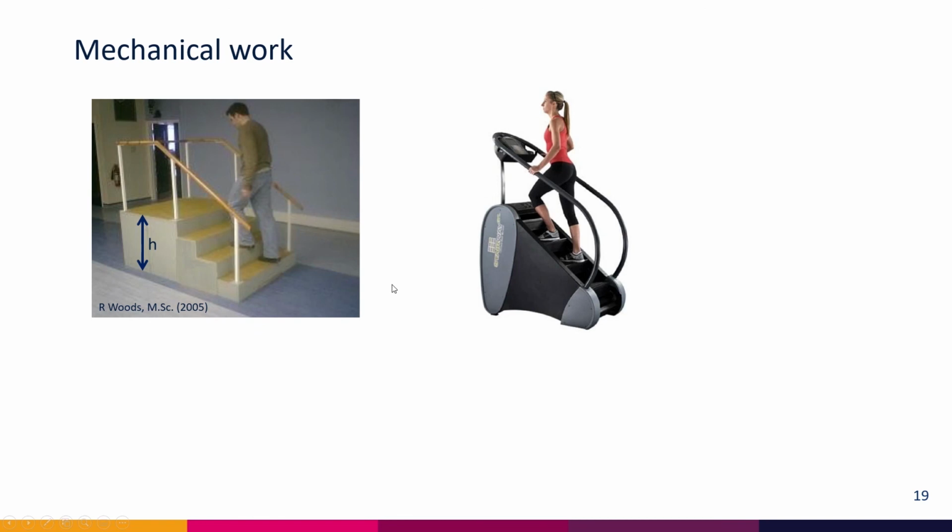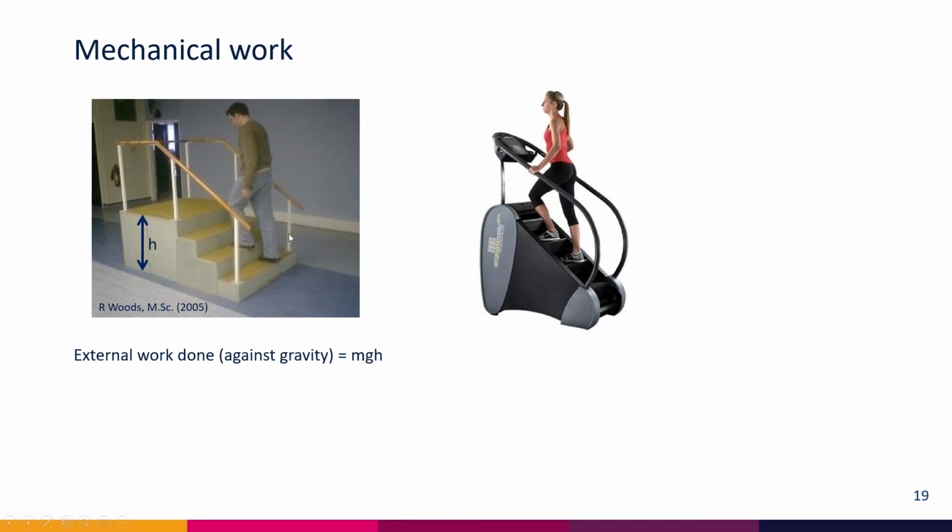So how much work do these two people do? Well, the mechanical work is the external work done, and this is done against gravity. So it's equal to simply the mass of the body times the acceleration due to gravity times the height, so mgh.